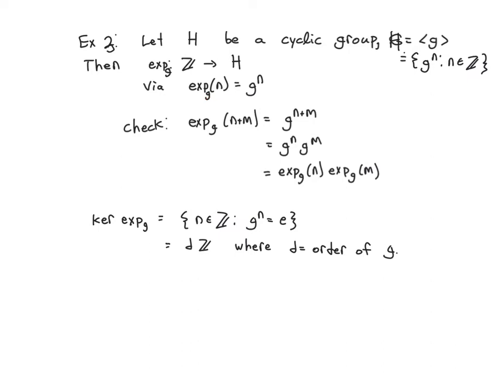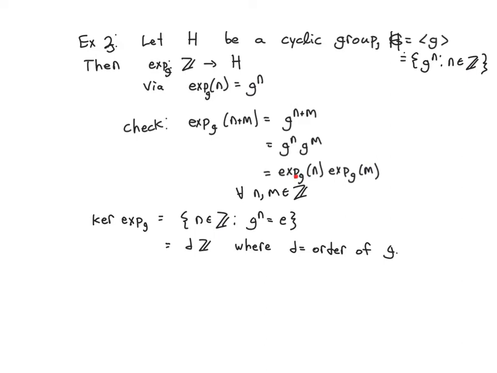And you can check for any two integers n and m that if you exponentiate n plus m, remember Z is a group under addition, you get G to the n plus m. By properties of exponents, that's G to the n times G to the m.